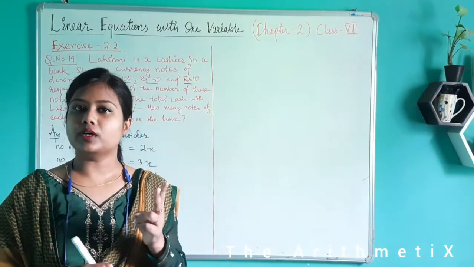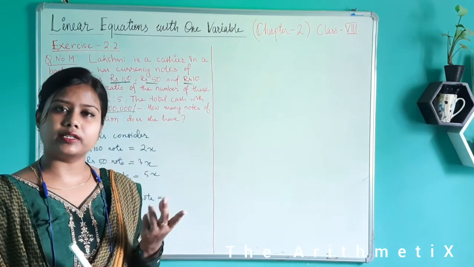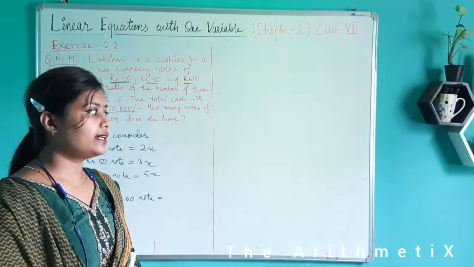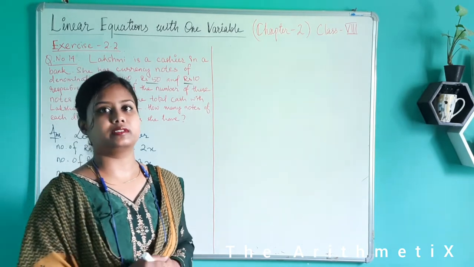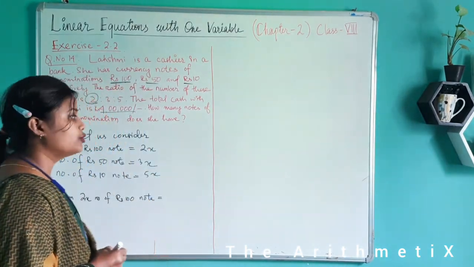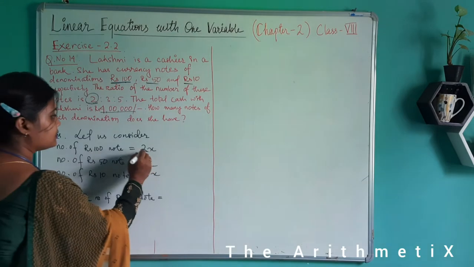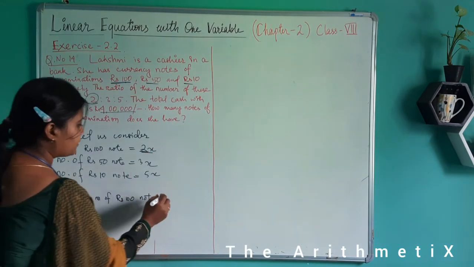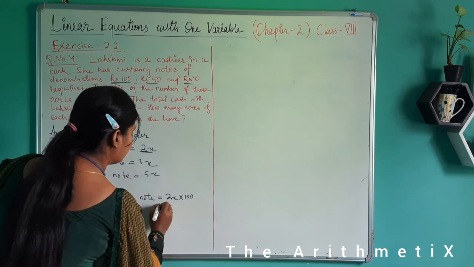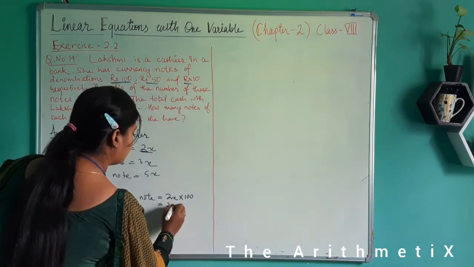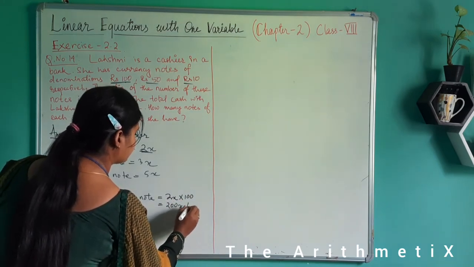If I take 200 rupees note, it will make 200 rupees. If I take 10 100 rupees note, then it will make 1000 rupees, means 10 into 100. So if I take 2x 100 rupee note, then it will make 2x into 100, that equals to 200x rupees.